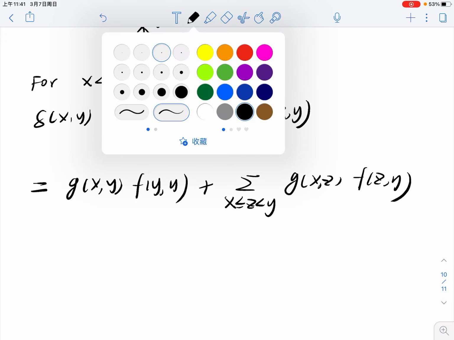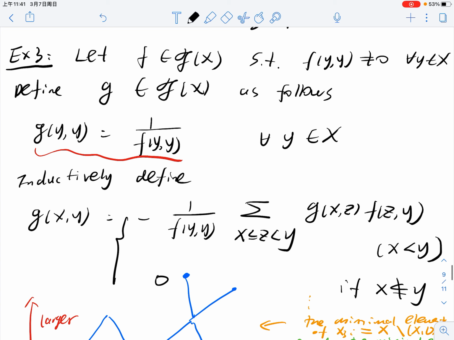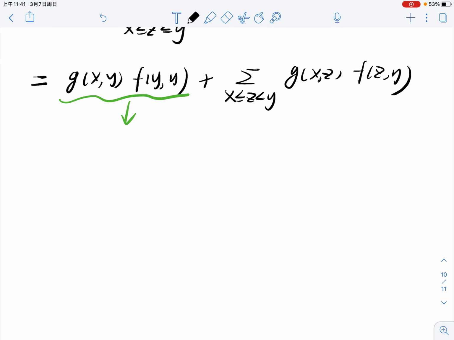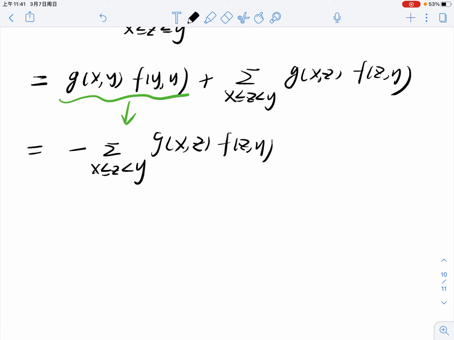And for the first term, look at the definition here. That's why we define it in this way, just like we can inductively solve the equation. I will make a remark later. So you plug in the definition. This is negative the sum over x ≤ z < y of g(x,z) f(z,y) plus positive the same sum, which equals 0.